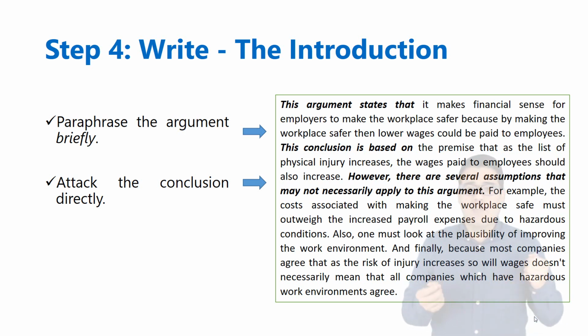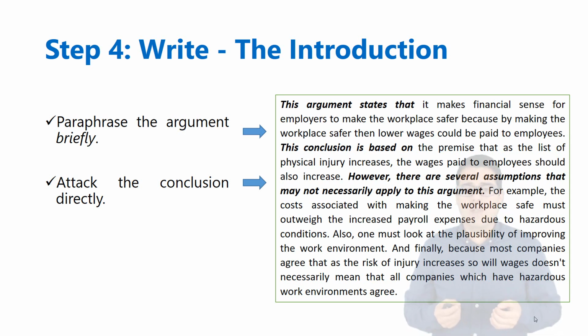And then the premise. This conclusion is based on the premise that as the list of physical injury increases, the wages paid to employees should also increase. And then the attack. However, there are several assumptions that may not necessarily apply to this argument. And he gives examples. For example, the costs associated with making the workplace safe must outweigh the increased payroll expenses due to hazardous conditions.